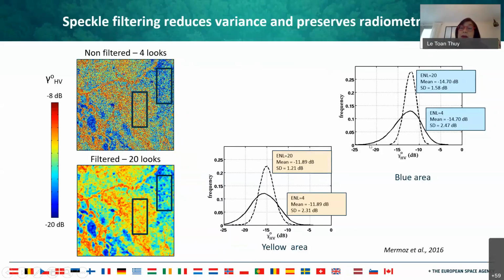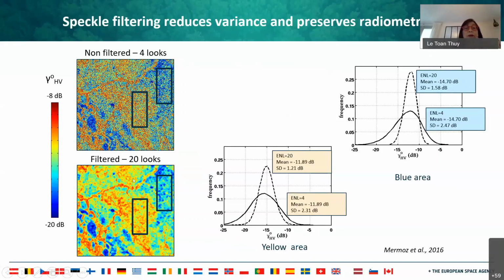If I separate those two things here, with the original distribution, they are overlapping. But if I take the narrow one, they overlap less, because the mean is preserved by this filtering, minus 14.7 and minus 11.8, but the distribution is narrower.